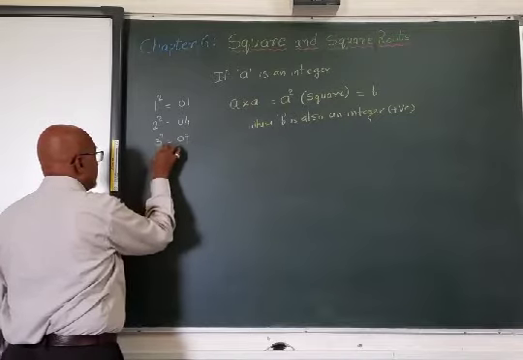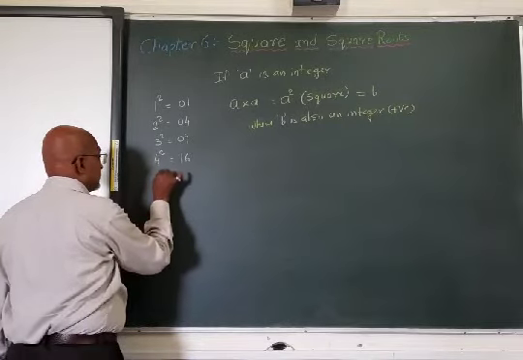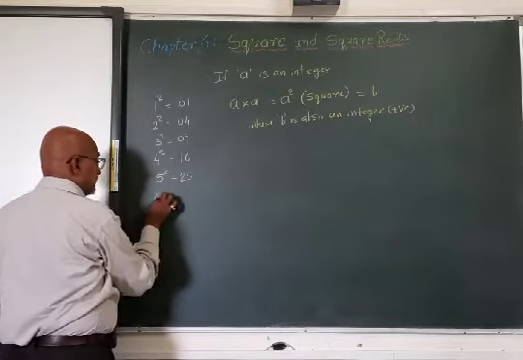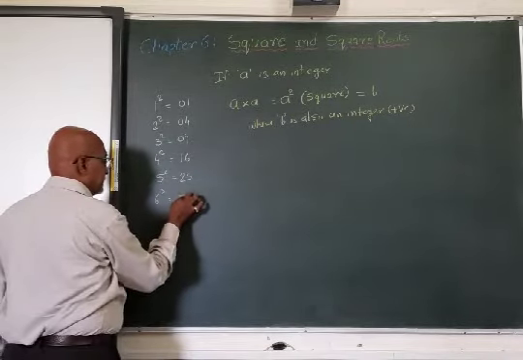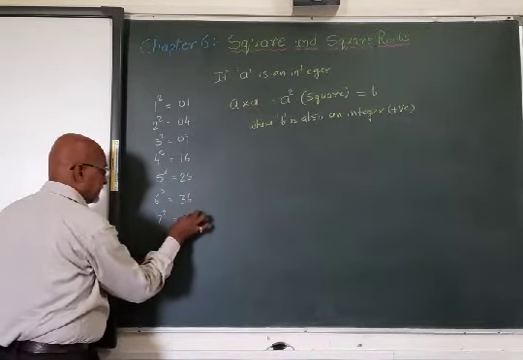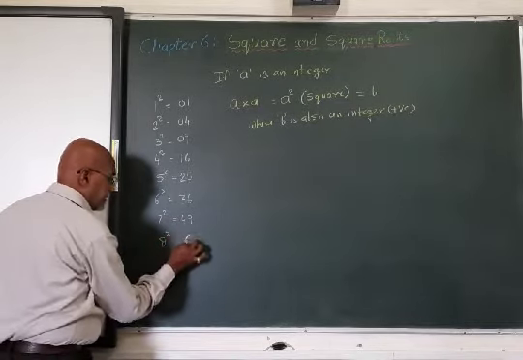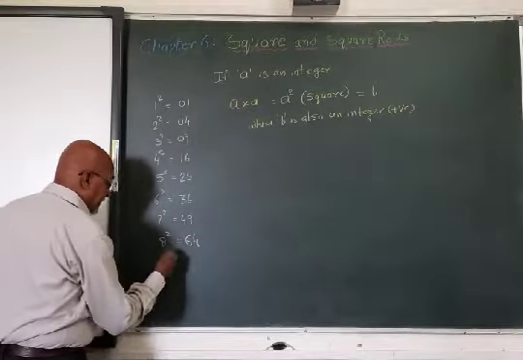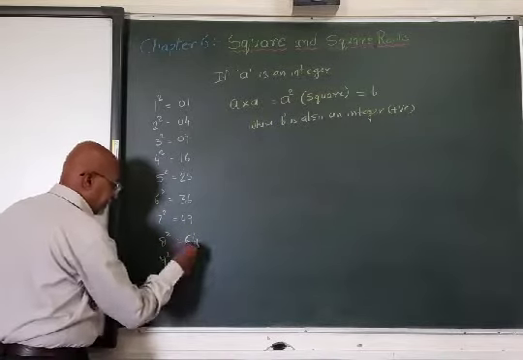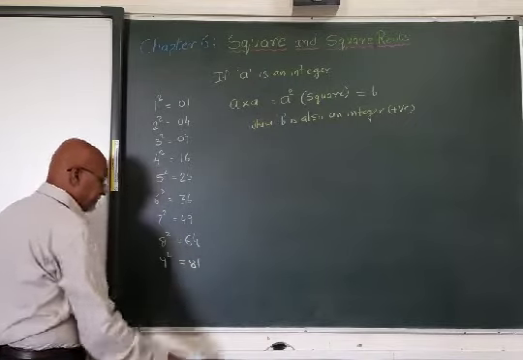4 square is 16. 5 square is 5 fives are 25. 6 square is 6 sixes are 36. 7 square is 7 sevens are 49. 8 square is 8 eights are 64. And 9 square is equal to 81, that is 9 nines are 81.